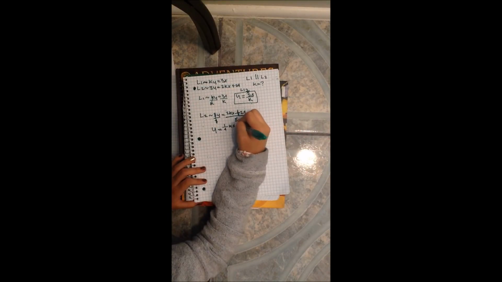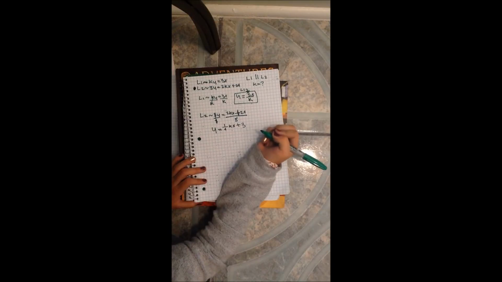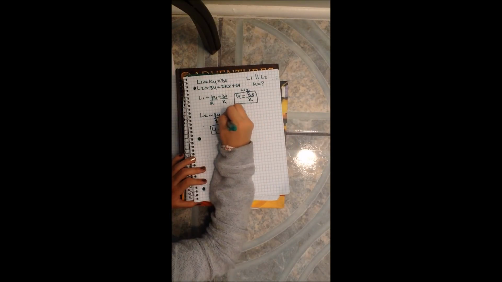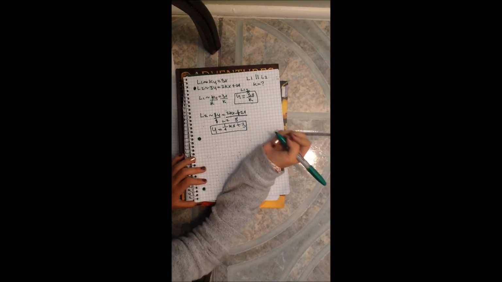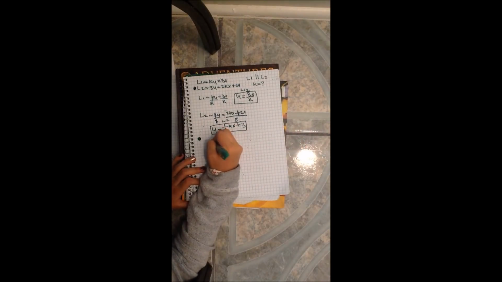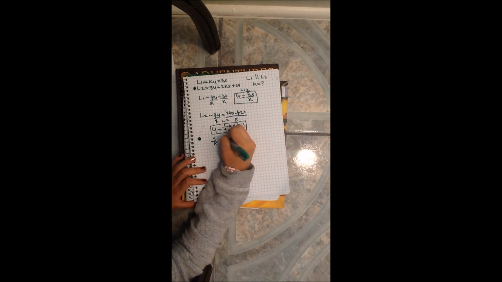So 24 divided by 8 is 3, so plus 3. So this would be my equation for line 2. Now I have to find what k is equal to. So it would be 3 over k equals 1 over 4 k.